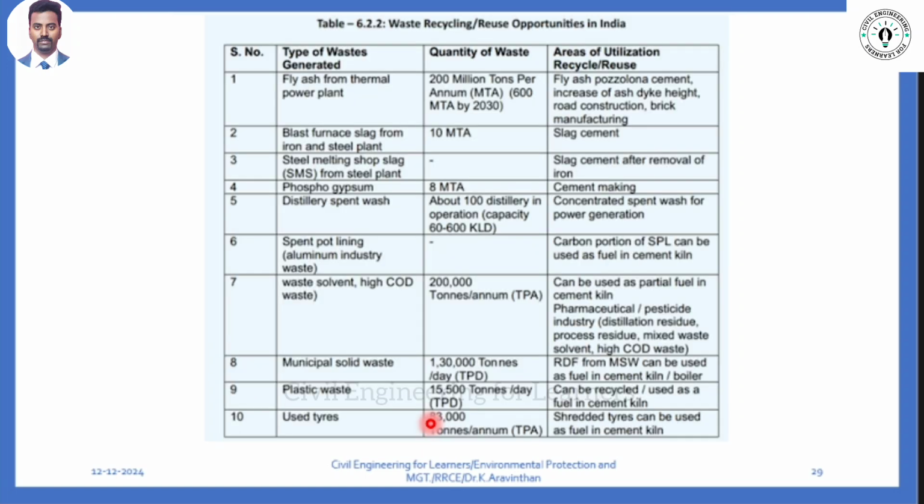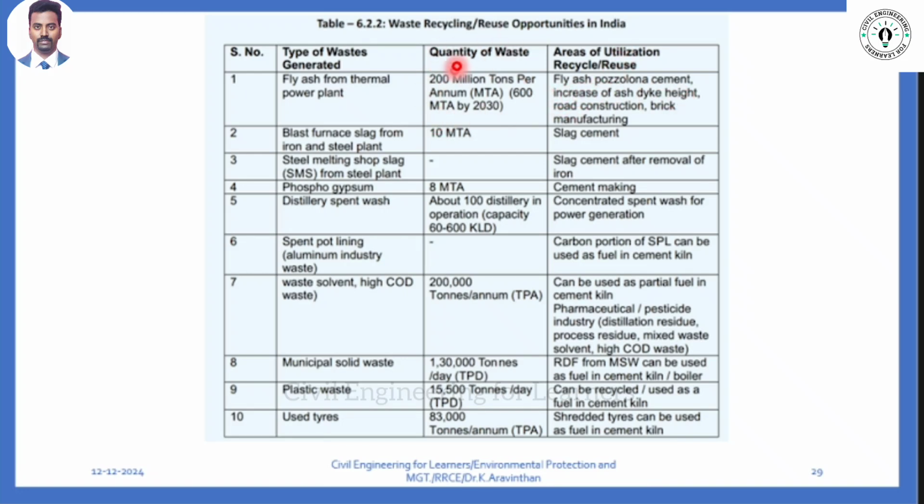Now, these are some of the examples I have listed of hazardous waste. How you can recycle or reuse that hazardous waste, for example, fly ash. This waste is generated from thermal power plants. What they do with fly ash is create pozzolana cement, that is fly ash cement.